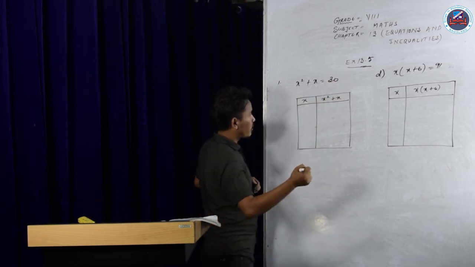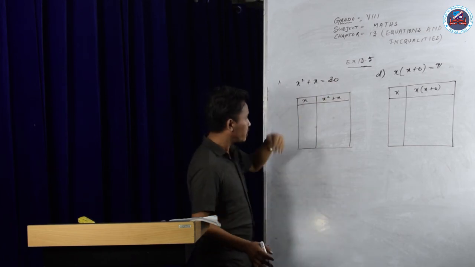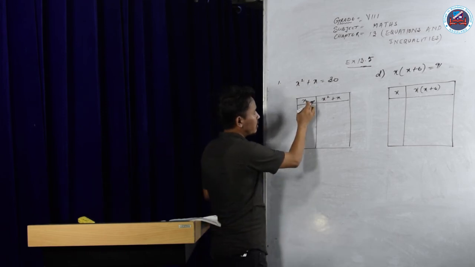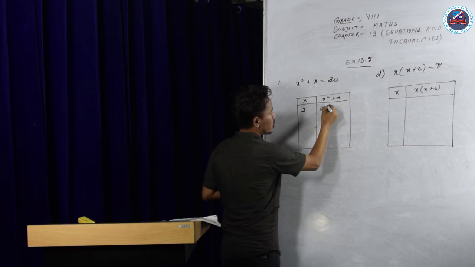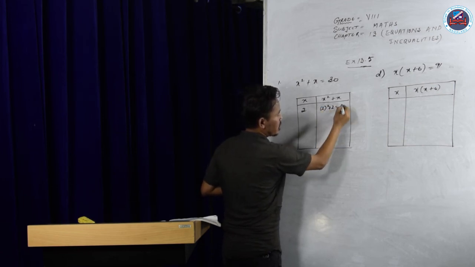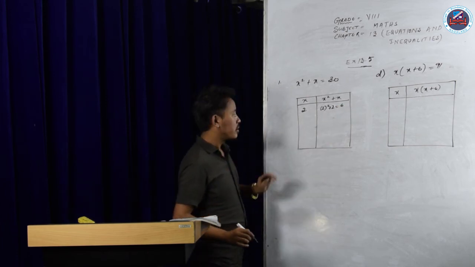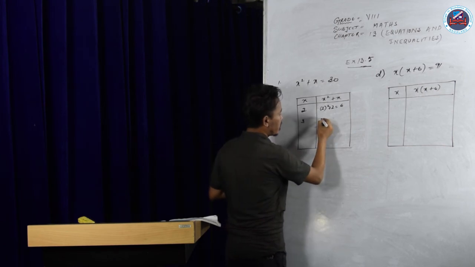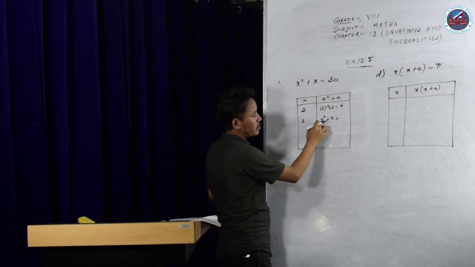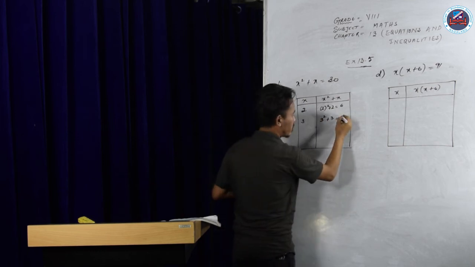So let's leave 1. Let's start from 2. What if the value of x is 2? It becomes 2 squared plus 2, that is 4 plus 2, that is 6, right? Now when we use the value of x as 3, 3 squared is 9 plus 3 is 12, right?